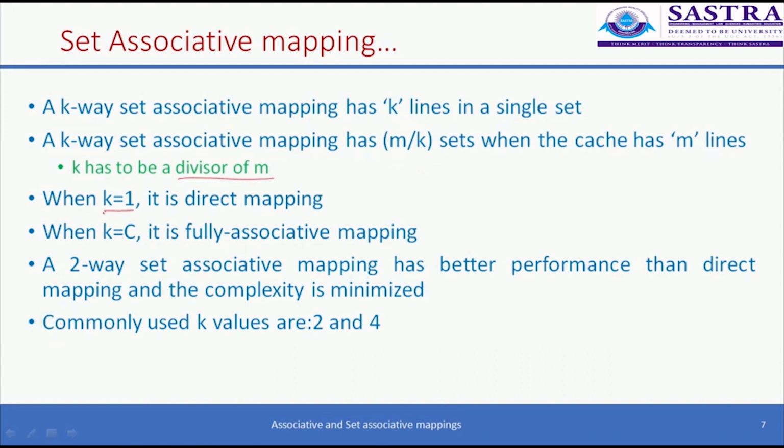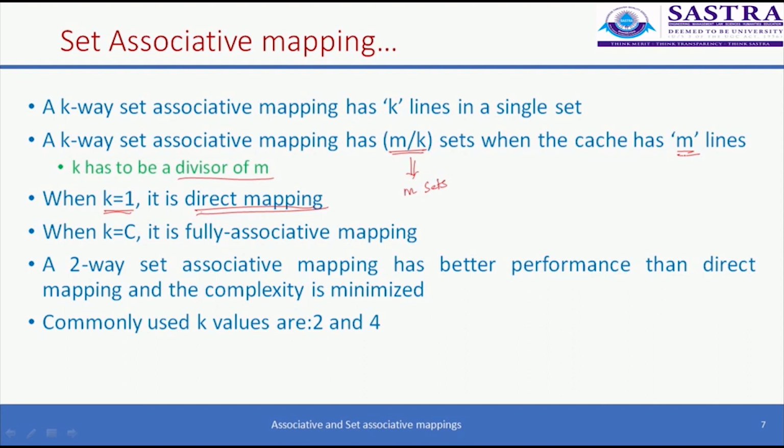When k equal to 1, it is direct mapping. According to this formula, m sets are available, m lines are available. Each and every set has only one line. So, when a block is mapped on a particular set, actually that is mapped on a particular line.